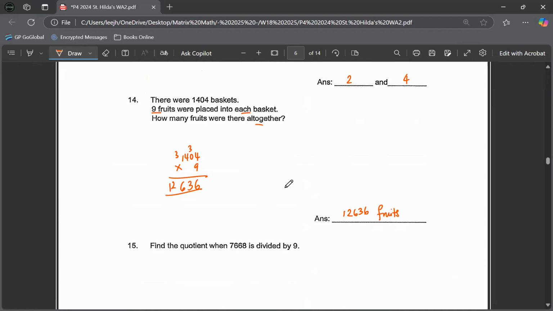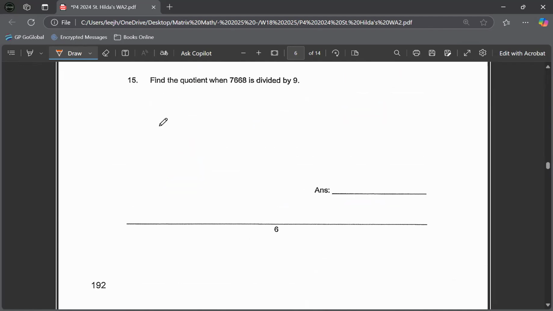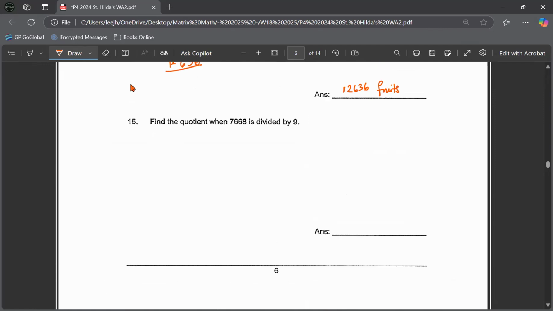Okay, let's answer. Question 15. Find the quotient when 7668 is divided by 9. Work out your long division. 7668 divided by 9. So 7 cannot divide by 9, we take 76. 76 divided by 9, nearest group is 8, which is 72.